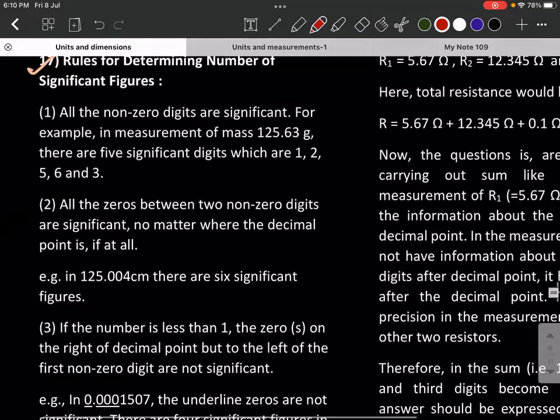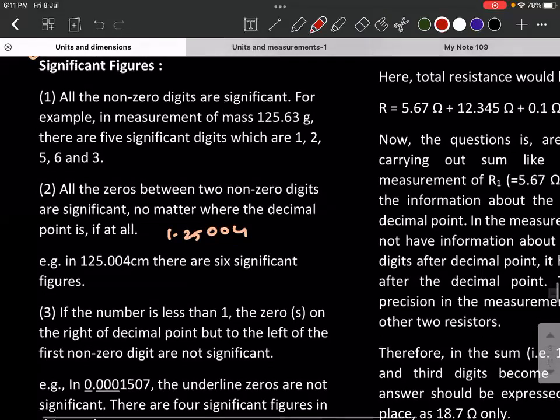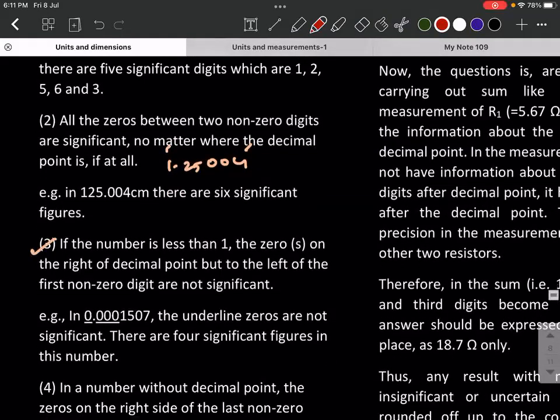Yes, sir. Okay. See, for example, this 125.004 is there, right? If I want to shift the decimal point two places to the left, 1.25004, still the number of significant figures is 6. Okay. What happens if the decimal point is before a non-zero digit? That is the next story that we will see later. So first digit is non-zero, last digit is non-zero. In between, however many zeros are there, they are significant.